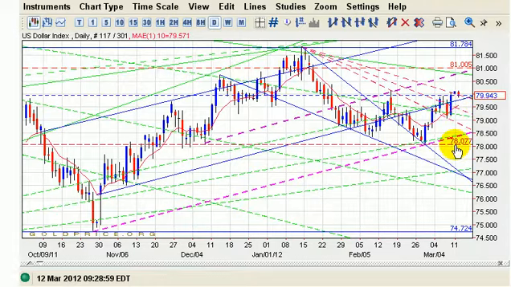But here we have indicated 78.077, and this serves as a double bottom from a technical point of view, at the 78.09 basis, which is also shown here.